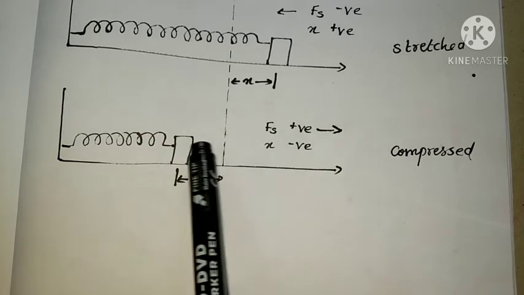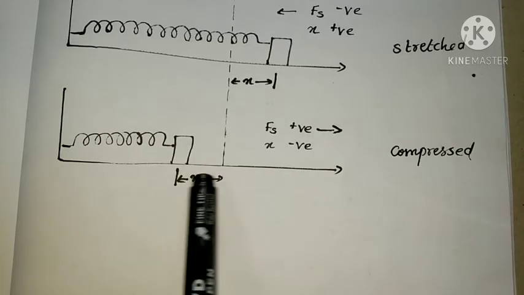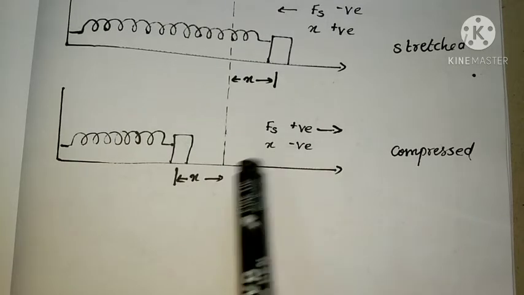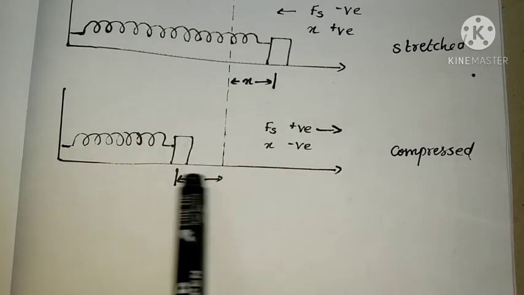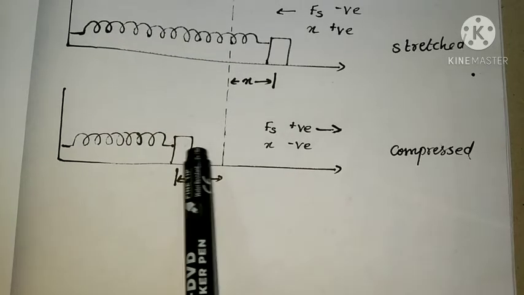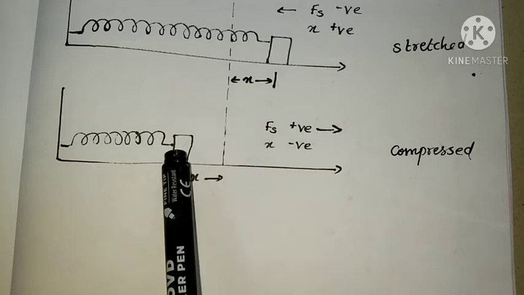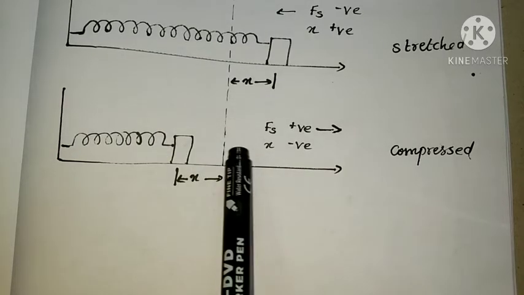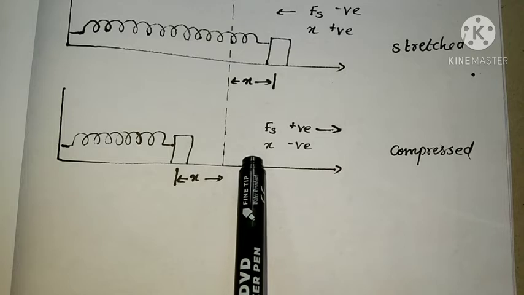So Fs is positive. Okay, x is negative, Fs is positive. Clear? x is negative, that is, it compresses, then Fs is positive, that is, the spring force has a tendency to bring the spring back to its original position. Clear?